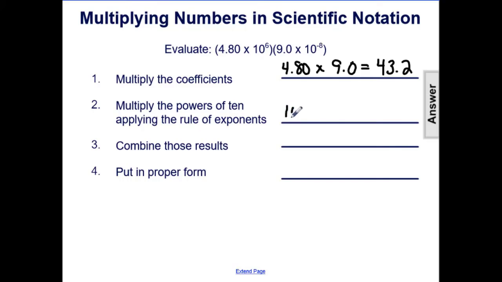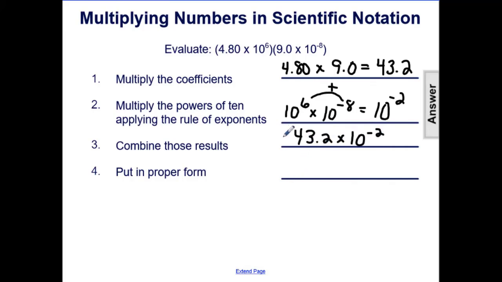So we're going to multiply 10 to the 6th times 10 to the negative 8, where we add our exponents. 6 plus negative 8 will give us 10 to the negative 2. If we combine those results, that would give us 43.2 times 10 to the negative 2.